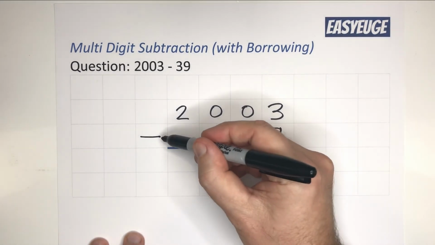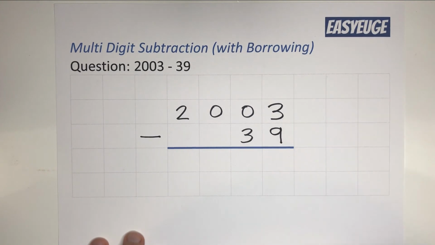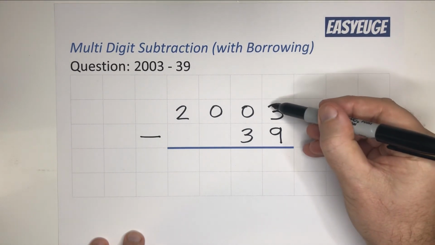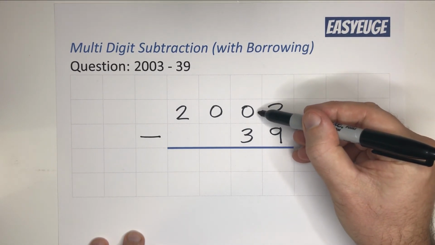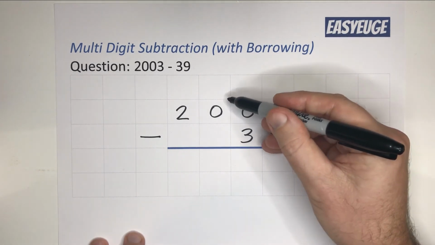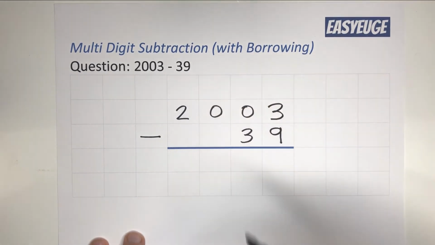3 subtract 9. Uh-oh. There's not enough in 3 to take away 9, so we need to go and borrow a number. So let's go to the neighbour. Oh gosh, that's a 0. Can we go to the next number? Oh gosh, that's a 0 again. So we need to go over here to get a number.